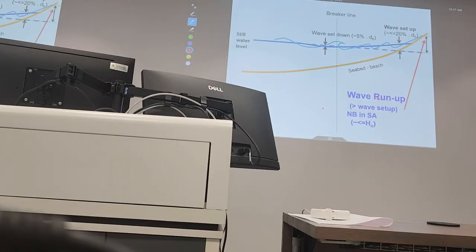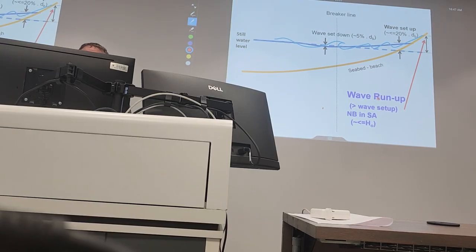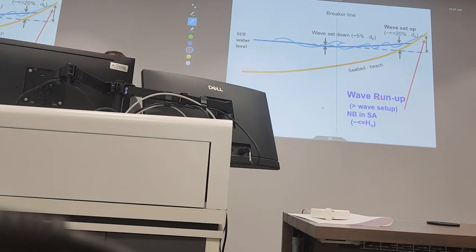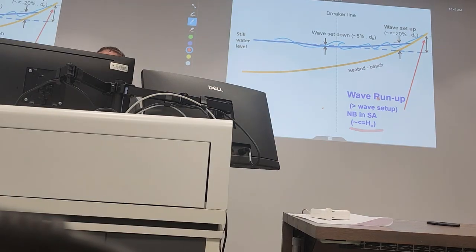Then something that's not in the handbook, but is important for us in the South African case, is our wave run-up. The moment the wave breaks, there's some extra height happening, which is the wave run-up. In some cases that's not a big problem, but in our case this can actually be as high as our H0 height.